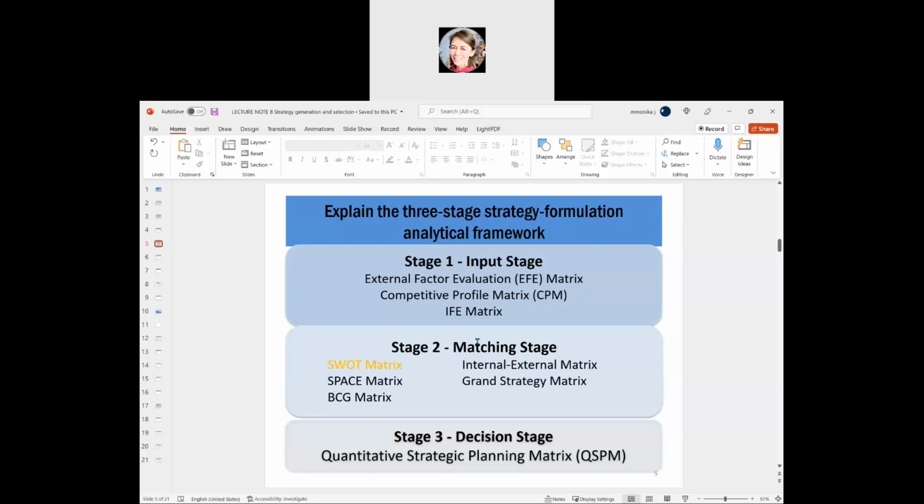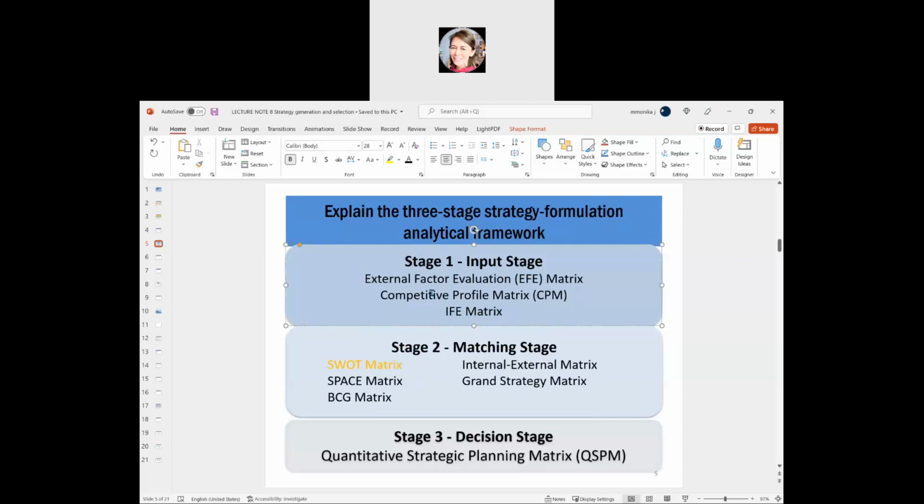And after completing that, you will go to stage two, the matching stage, which is completing the SWOT matrix. And finally, you do stage three, the decision stage. Now, it requires integration because you need to pay attention to what's going on in stage one in order to proceed to stage two.